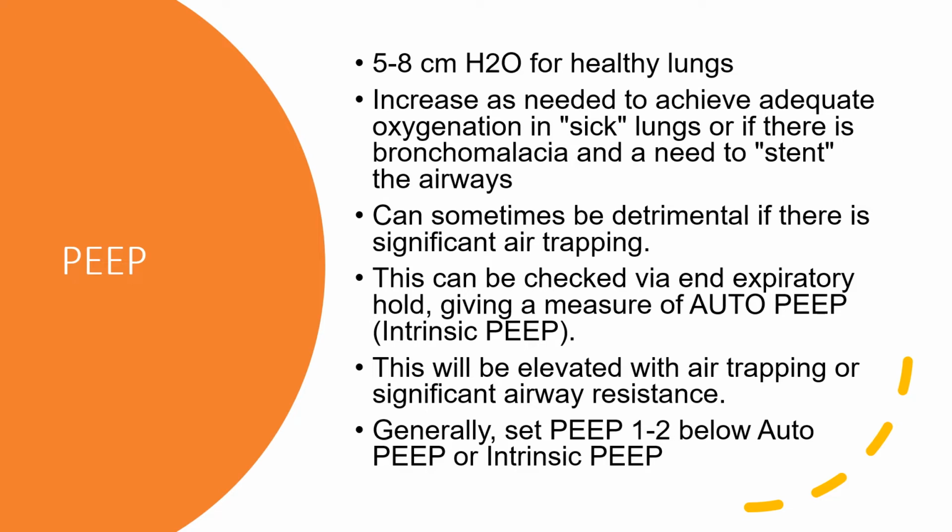If someone is not oxygenating well, you want to increase the PEEP to a certain point, so that you don't decrease venous return. You also have to be aware of auto-PEEP, and the way to fix it is generally to check your intrinsic PEEP and then set your PEEP level 1 to 2 below that level, and that will sort of figure it out. You can also do this via waveforms.